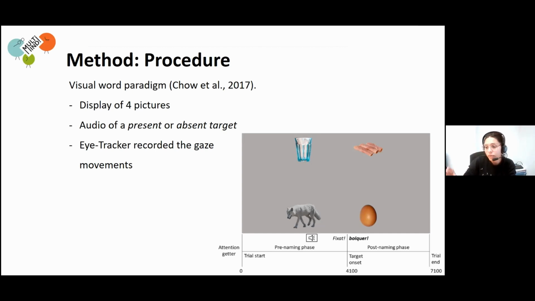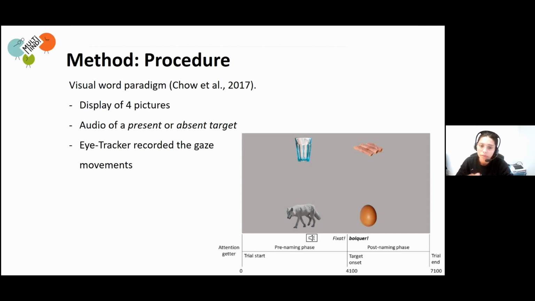For analysis, we included the gaze movements recorded by the eye tracker, but only from the post-naming phase.